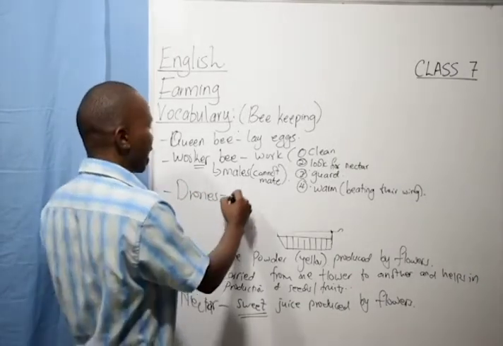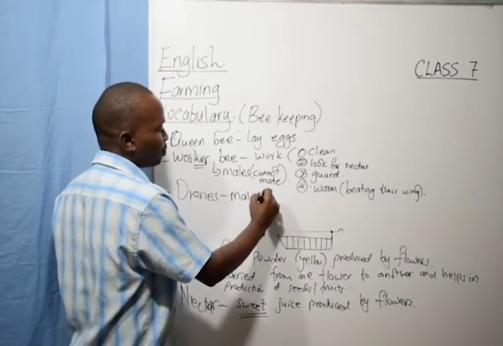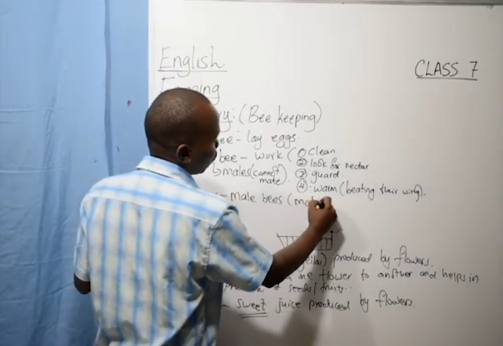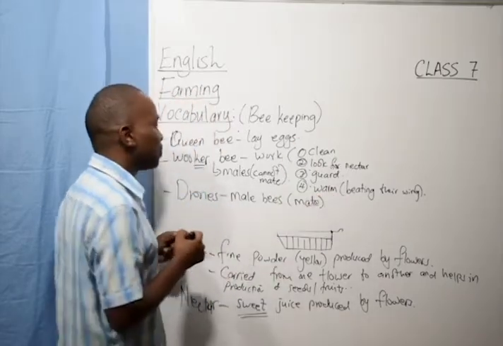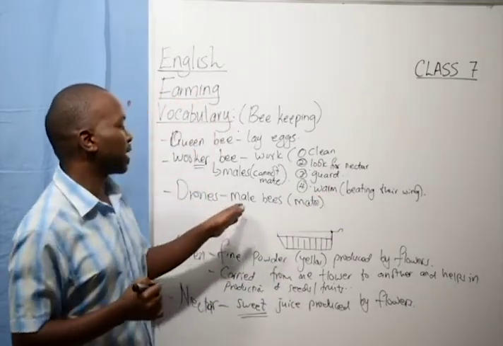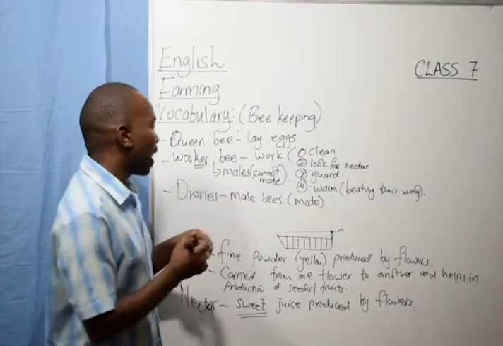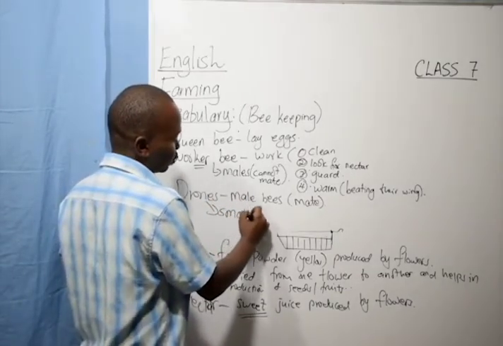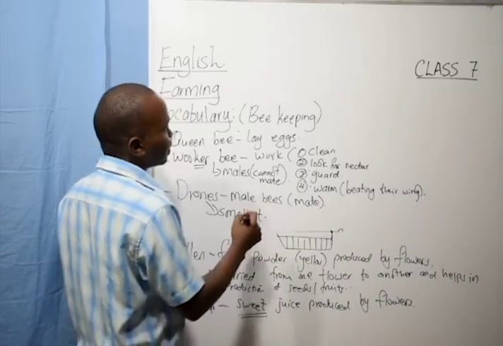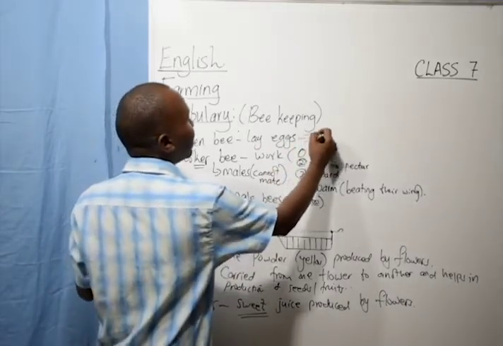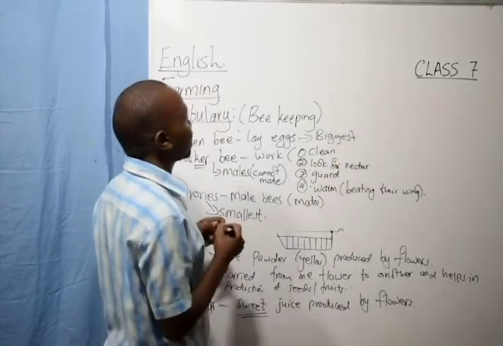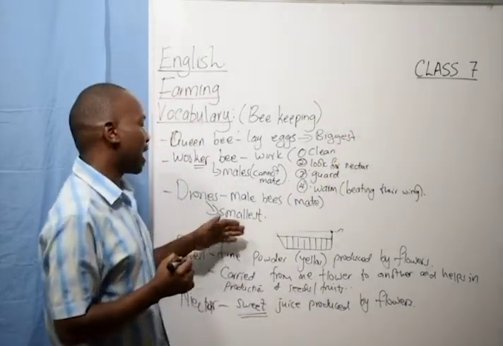The drones are the male bees whose work is to mate with the queen bee. That is their main purpose in the hive. They are usually the smallest bees, while the queen bee is usually the biggest because of that part of her that carries the eggs.